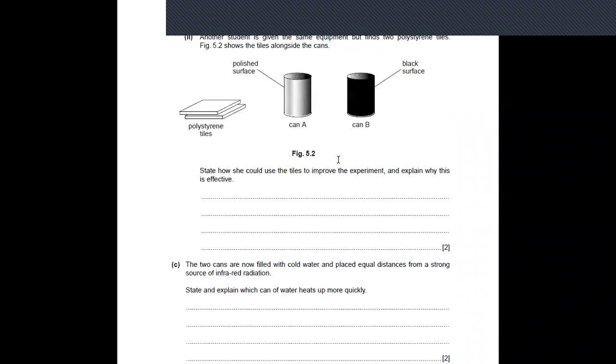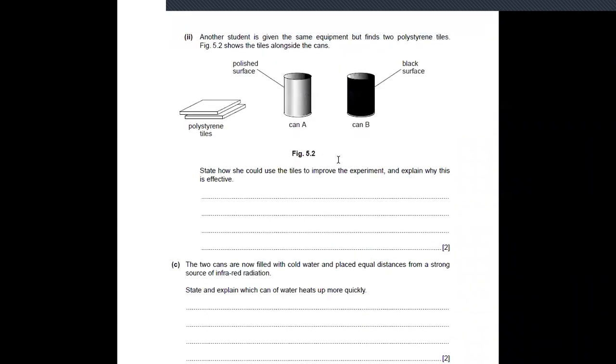Okay, take a look at this one. She can put the tiles beneath each can.